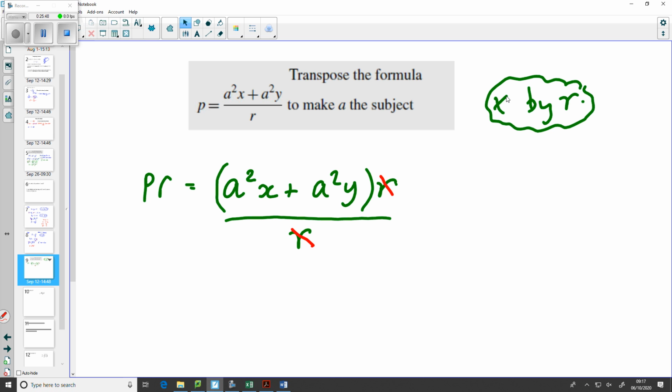We need it on its own. So what do you think we can do? No, because if you square root, you'll be square rooting all of it, so therefore you'll be square rooting the x and the y as well.